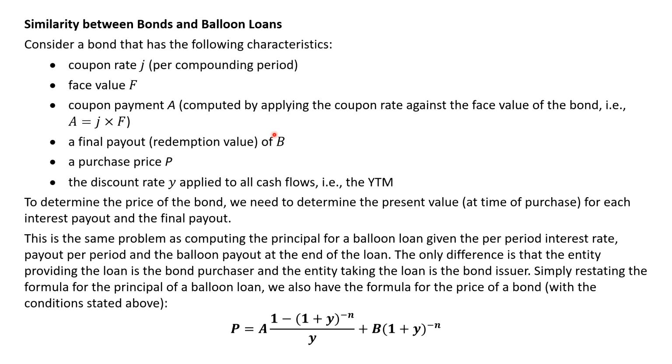As I mentioned on the previous slide, some bonds are similar to balloon loans to the point where we can use the formula that we derive for balloon loans and apply it to bonds.